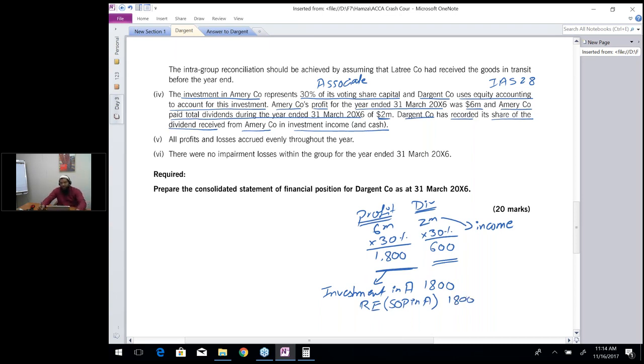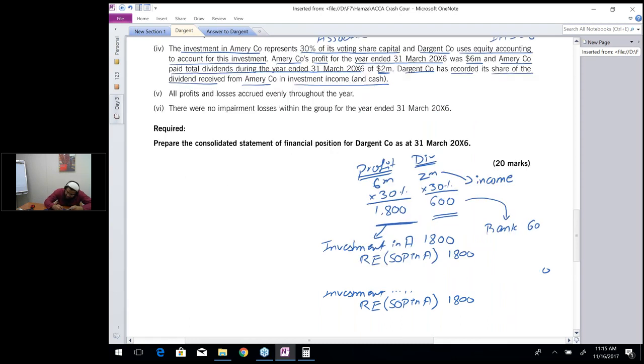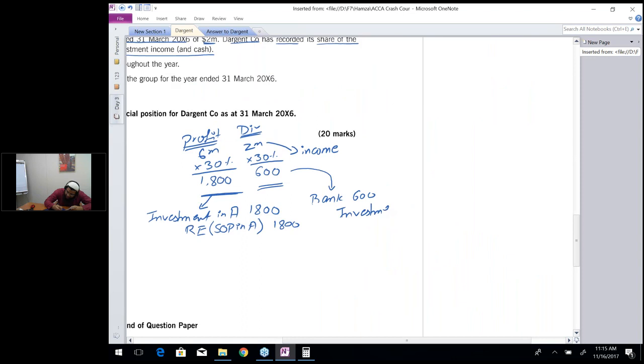So we are going to record the share of profit in associate in the retained earnings as 1800. And the entry for dividend is normally bank debit by 600 and the investment income, and the investment credit by 600. So these are the correct entries that should be recorded.